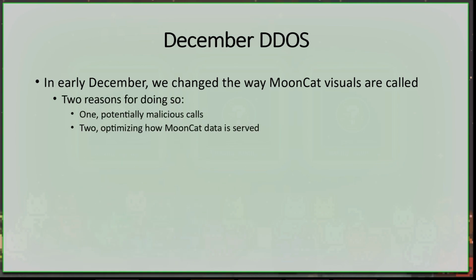As part of that, in early December, we changed the way that MoonCats visually are called. We had two reasons for doing this. One, as the title of this slide suggests, we were looking at some potentially malicious calls that were happening. And two, we really did want to continue to optimize how MoonCat data is served.